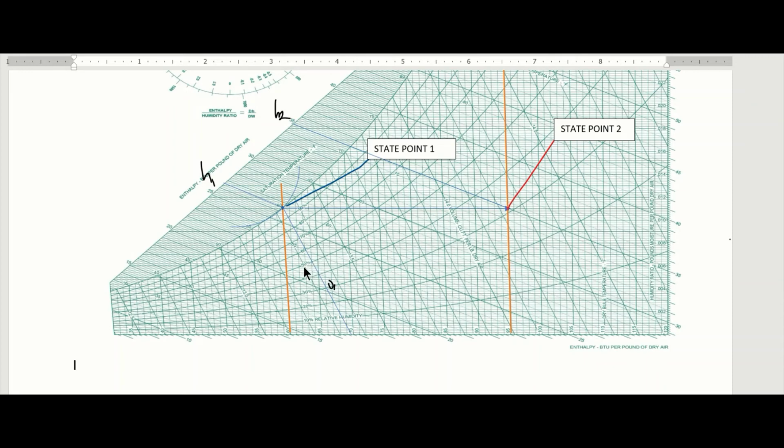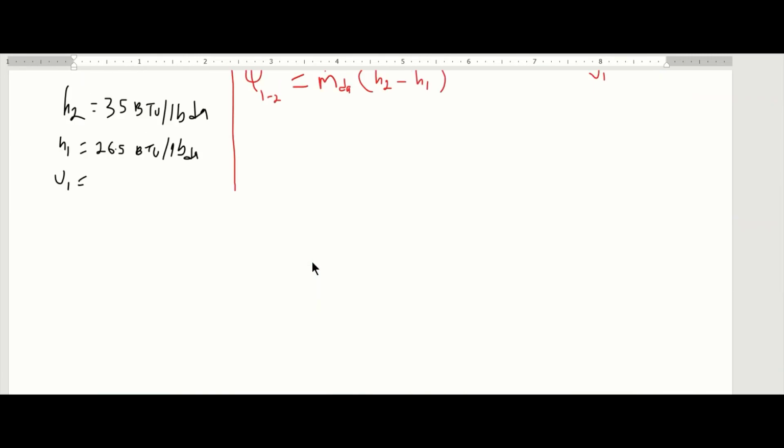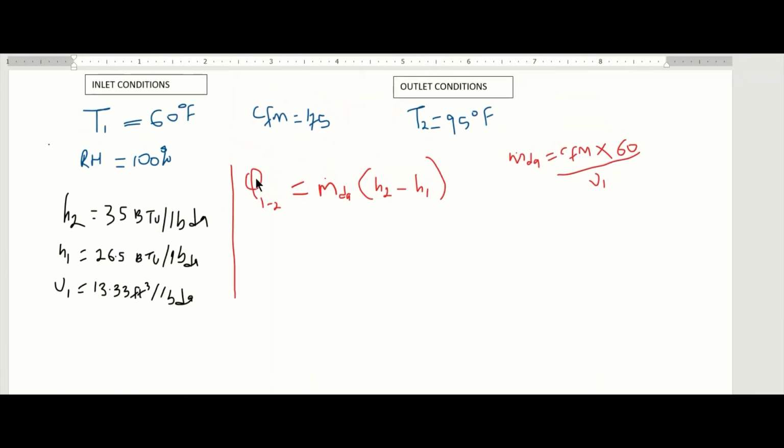So I can score this approximately 13.35, or let's say 13.33. So our V1 is 13.33 cubic feet per pound dry air. Now I've gotten my values from the chart.